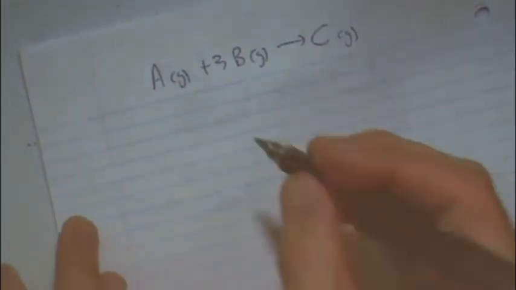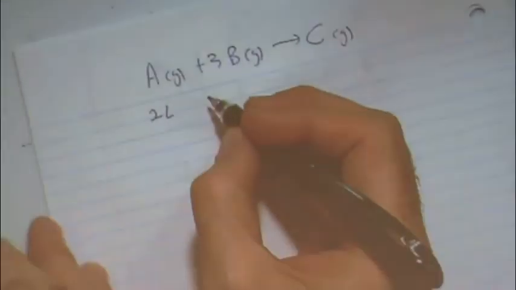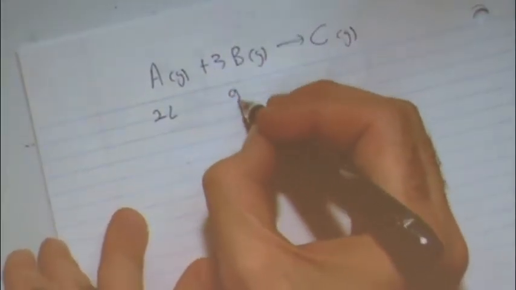So let's say that you start with 2 liters of this and 9 liters of that. And the question is how many liters of this you get. Okay? I'll give you a few seconds to do it. Very easy.